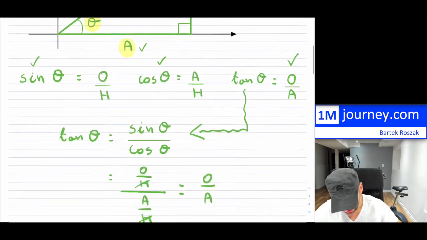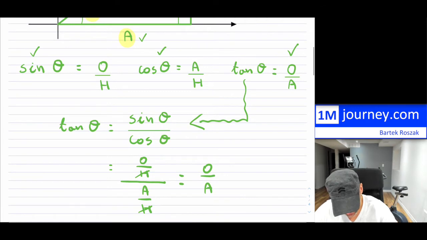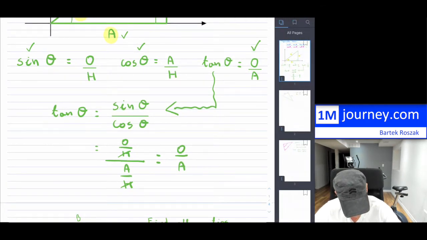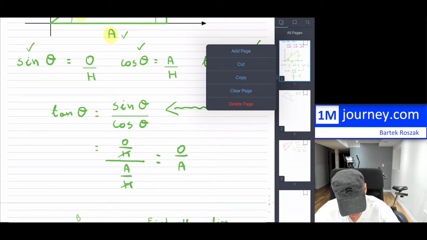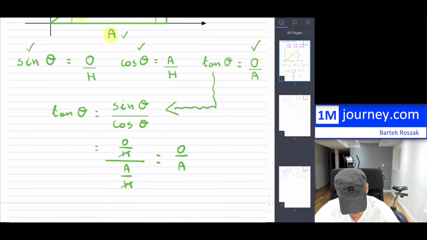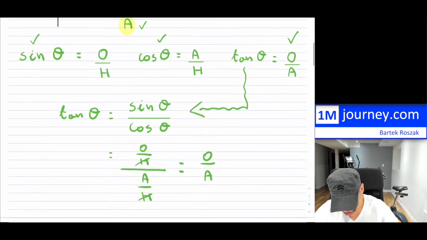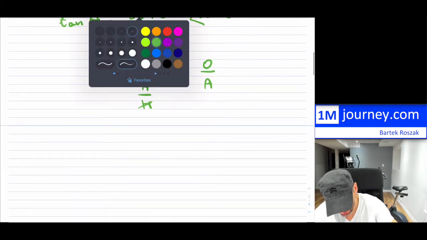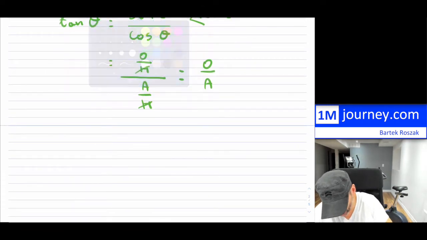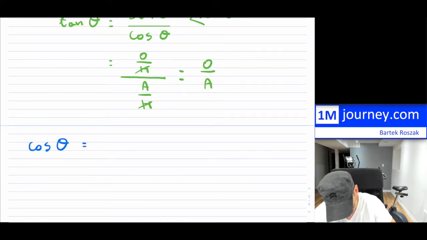But if you wanted to find out what the actual secant, cosecant, and cotangent are, I'm going to add a page here, then you can certainly do so by simply doing the following. So cosine of an angle we know is adjacent over hypotenuse.